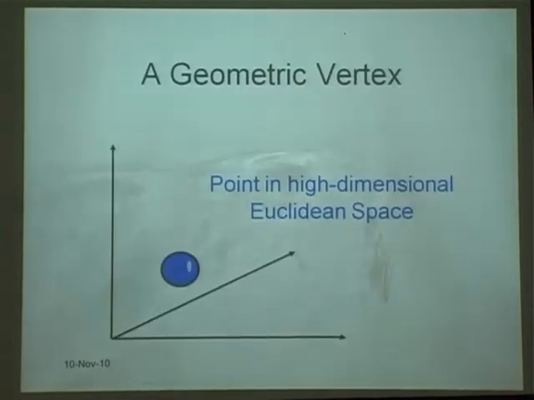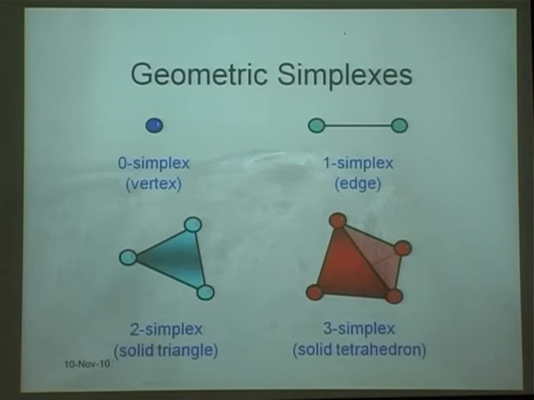But from now on, we'll talk about a geometric vertex as being a point in some sufficiently high-dimensional Euclidean space. A geometric simplex is the convex hull of some number of points in general position. And confusingly, the dimension of a simplex is 1 less than the number of its vertices. So this is 0 dimensions, this is 1 dimension, and so on.